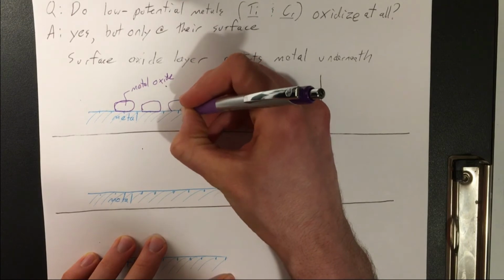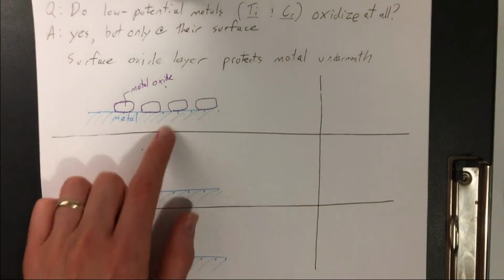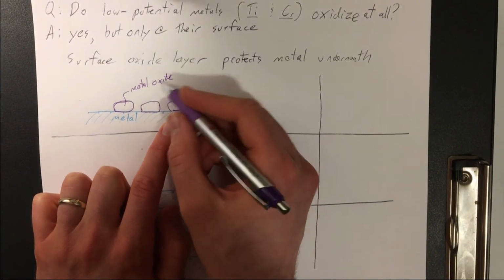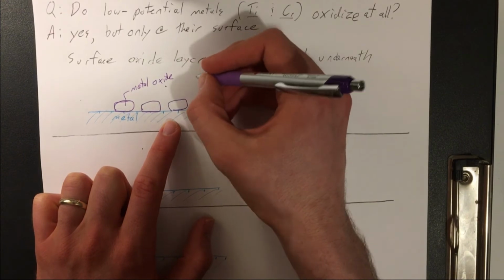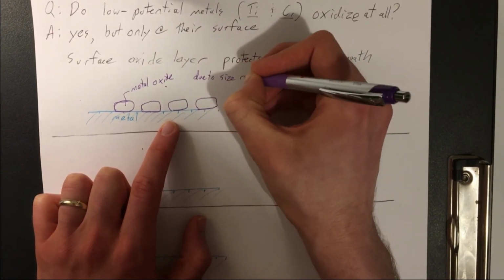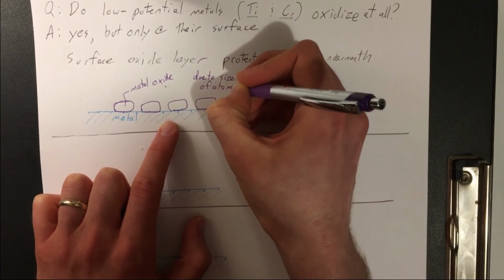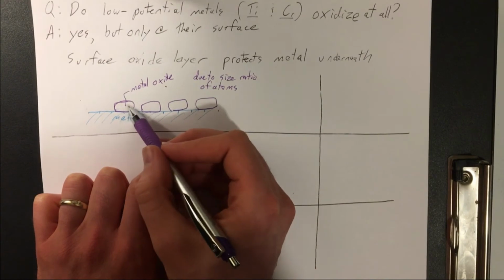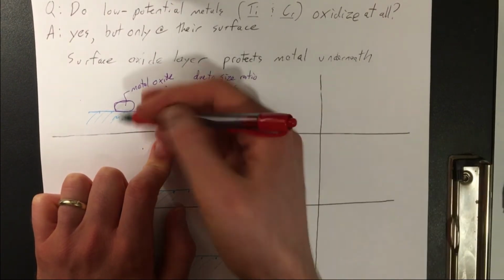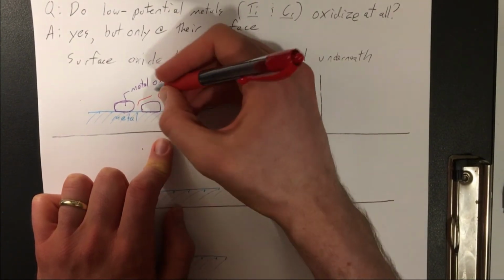And we might have one case where, due to the size ratio of atoms, the metal oxide forms and there are gaps between the little bits of metal oxide and the metal underneath.